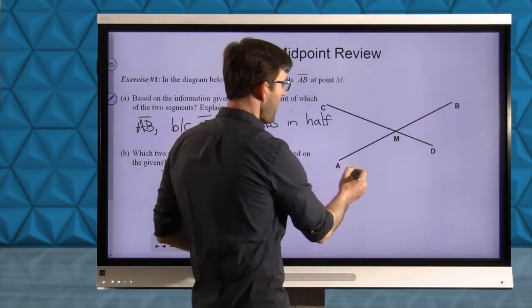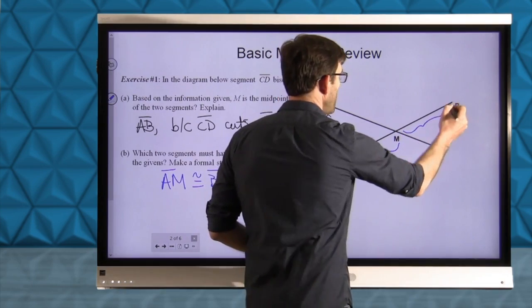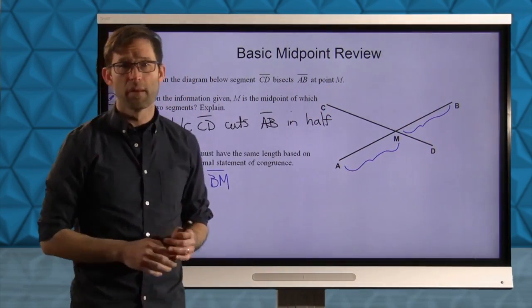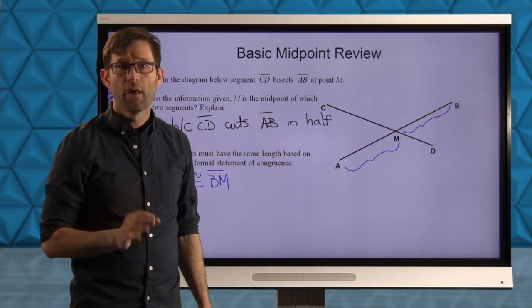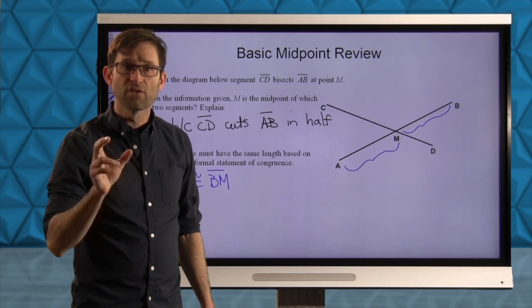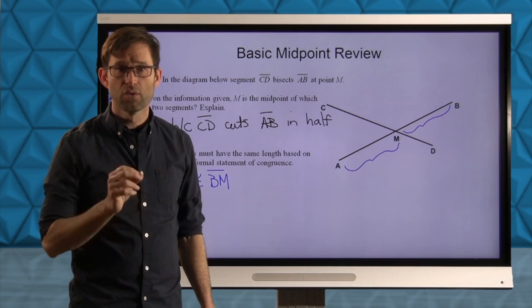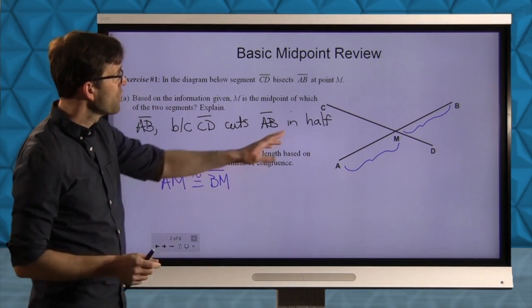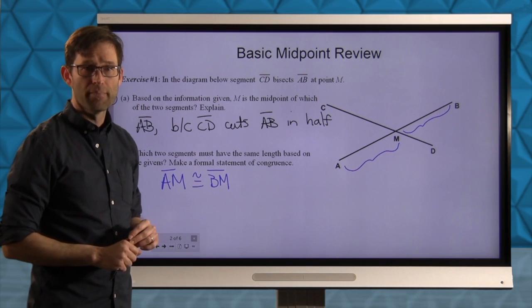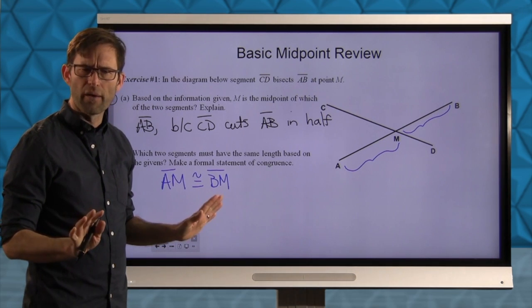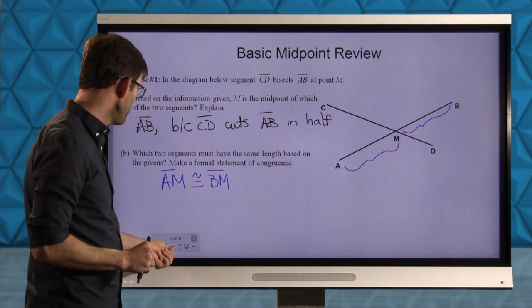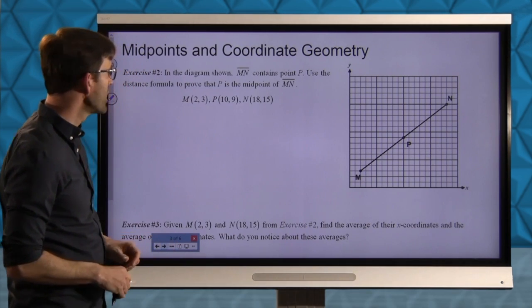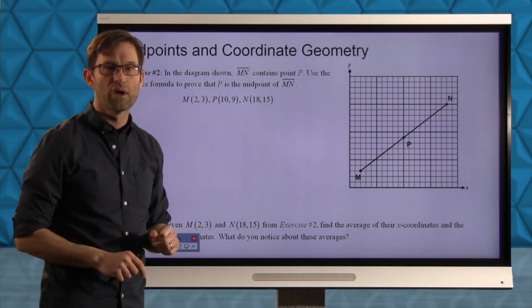These two have to have the same length because that is the definition of a midpoint. A midpoint is that one unique point on a line segment that divides it exactly into two congruent segments, two segments of equal length. Those two happen to be AM and BM. Alright, so simple enough. Let's now move to the coordinate plane.